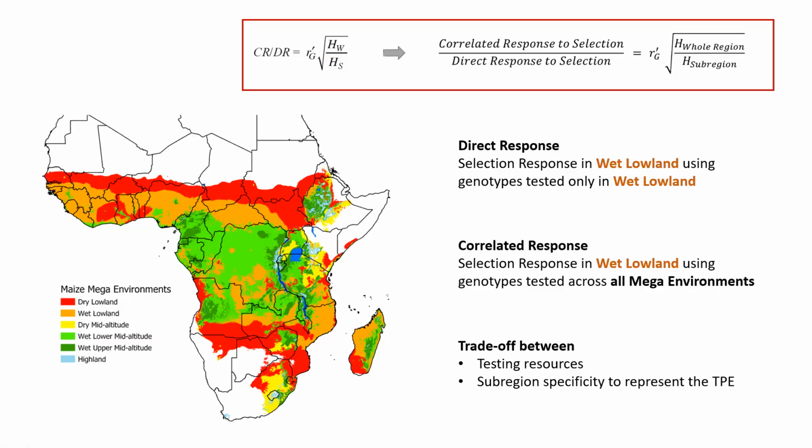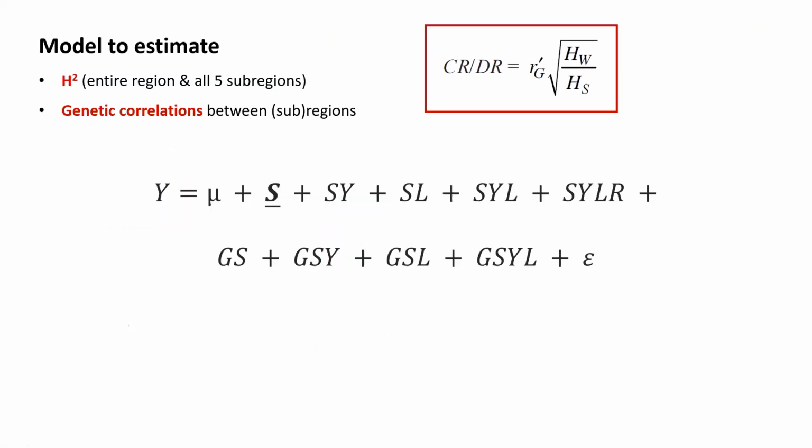So to compare that, we of course have to do a bit of modeling. I don't want to go into the details here. What is important is we need to estimate the heritabilities and the genetic correlations between our 5 target populations, or our 5 subregions, in order to compare correlated to direct response.